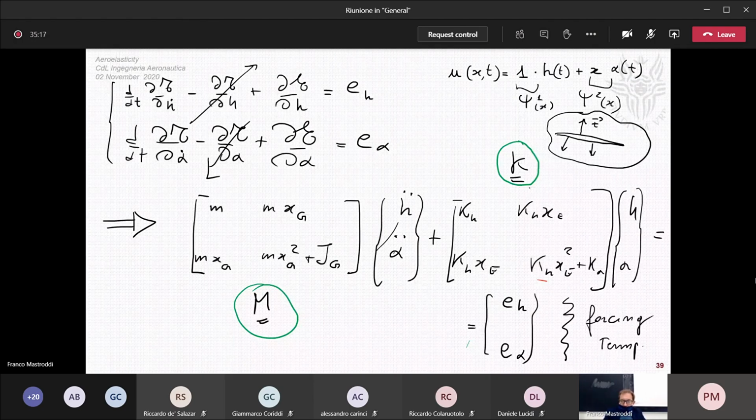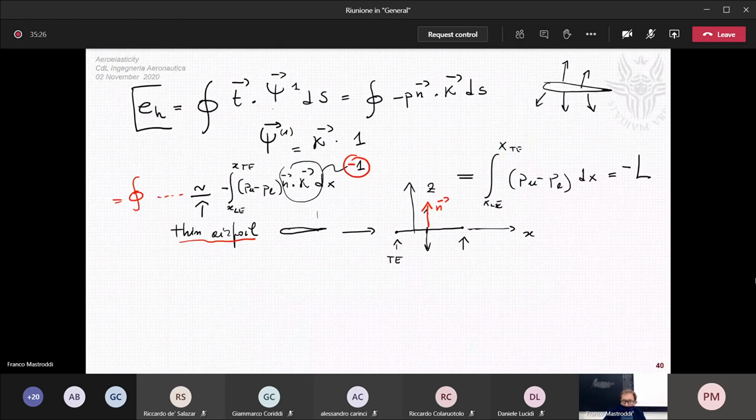So when you project this physical load on our first mode shape, psi1, we have the lift. Okay? Better, we have minus the lift, because we have chosen as shape function a downward shape function, because we have considered as degree of freedom a displacement positive when directed down. Okay?